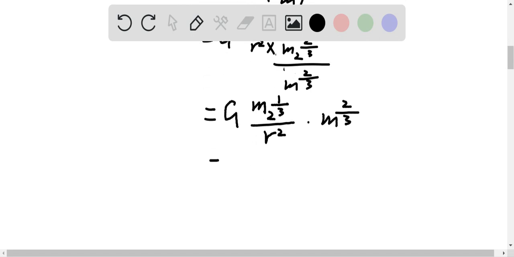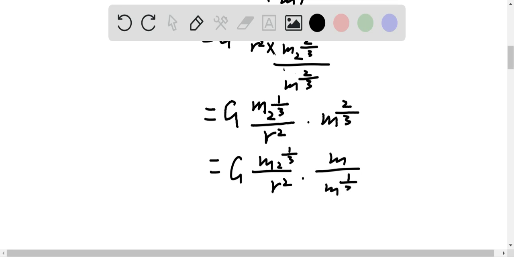And if we do some arrangement here, we'll get G times m to the 1/3 over r squared times m over m to the 1/3, because m over m to the 1/3 is equal to m to the 2/3.